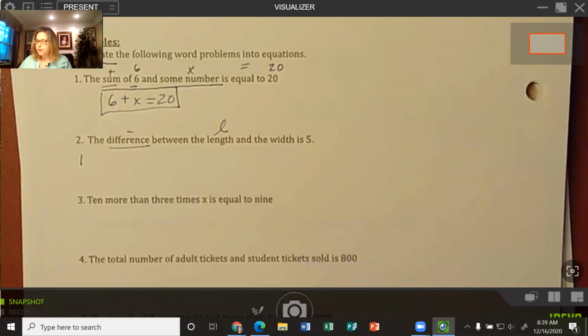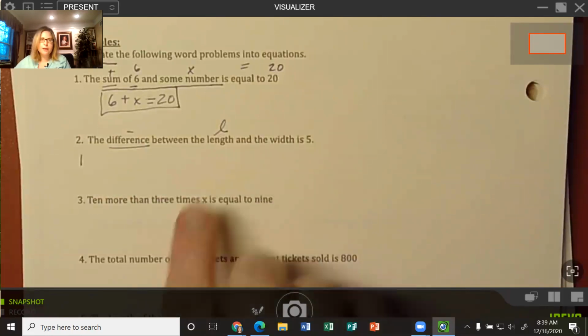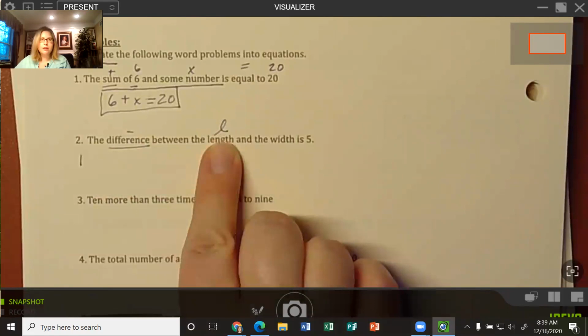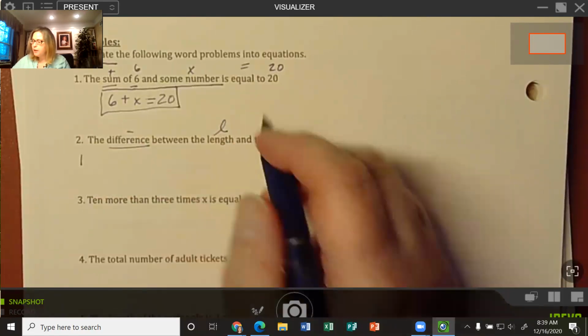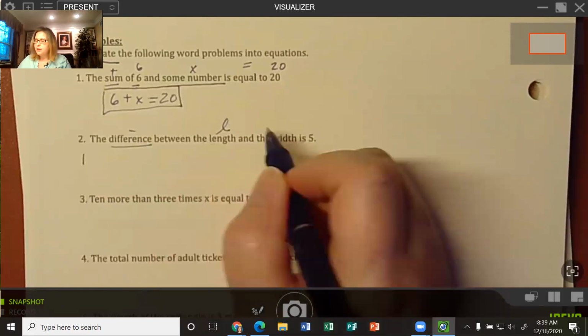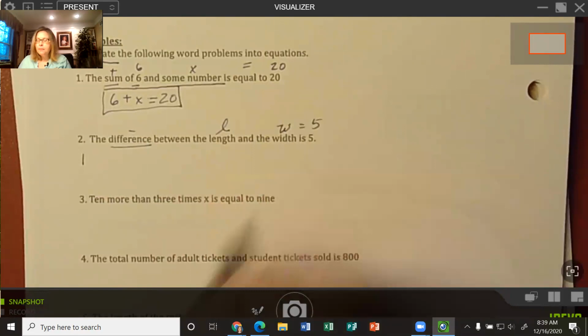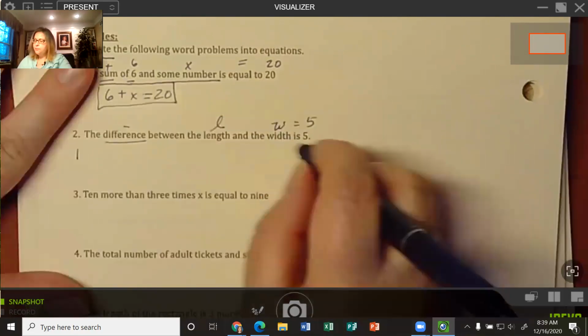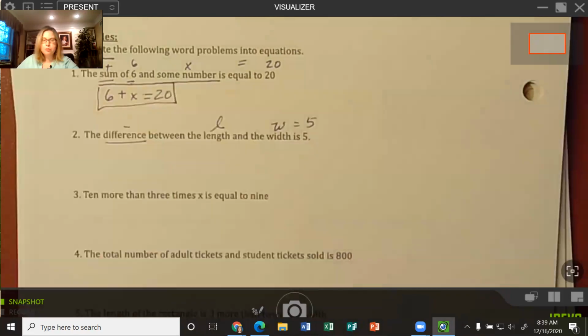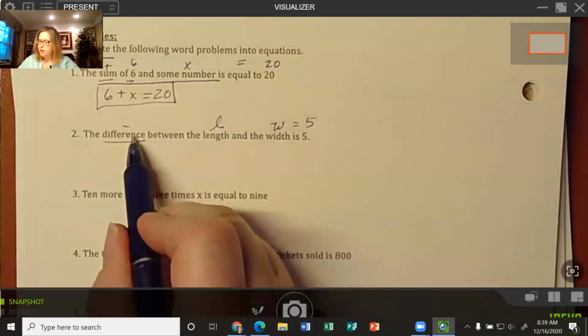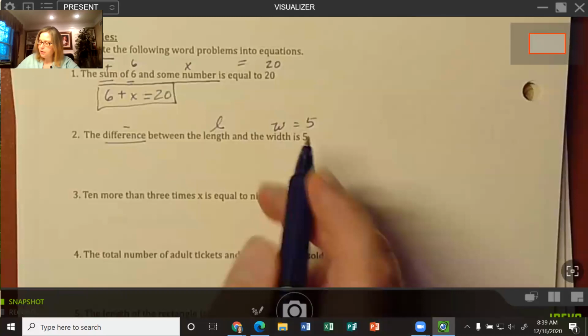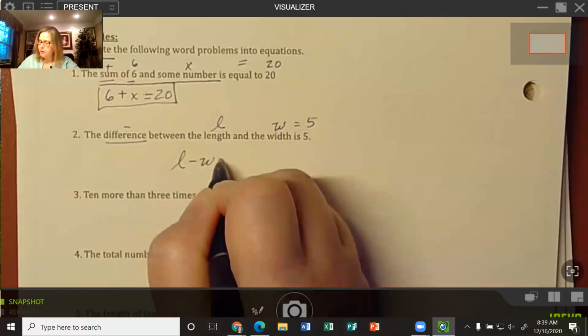So we'll always see the manuscript or cursive type of L when we're using the letter L in algebra. So the difference between the length and the width is 5. So that means equal, and 5 is obviously 5. So the difference tells us that we're subtracting between length and width is 5. So we would say L minus W equals 5.